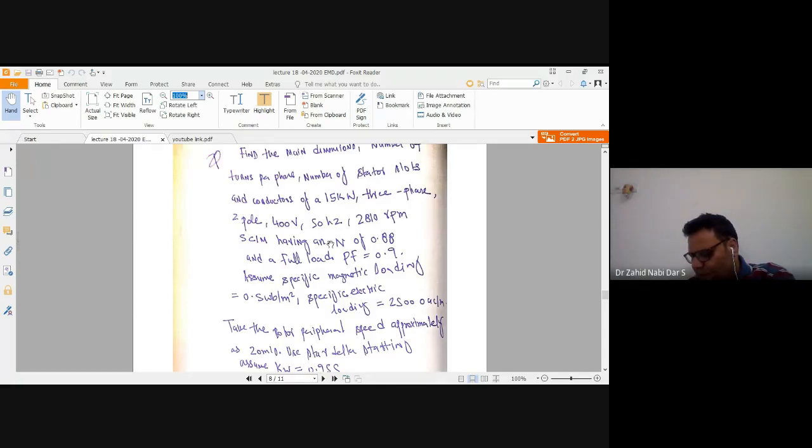Assume specific magnetic loading is equal to 0.5 Weber per meter square and your specific electrical loading, that is AC, which we calculated, is equal to 25,000 ampere conductors per meter. Take the rotor peripheral speed approximately as 20 meter per second. Use star delta starting.